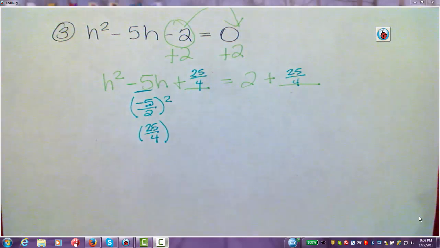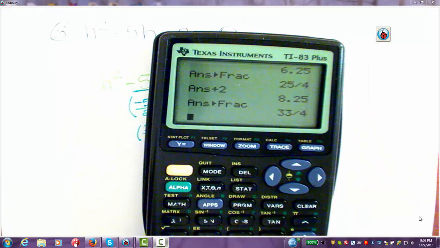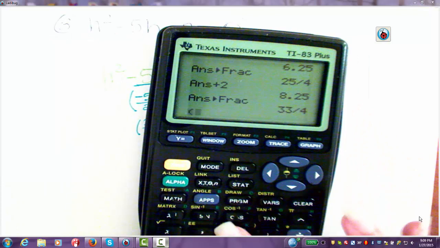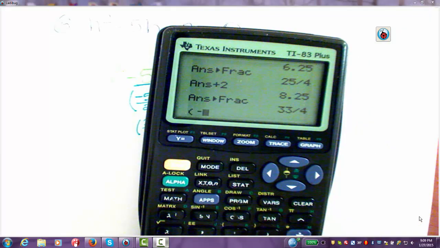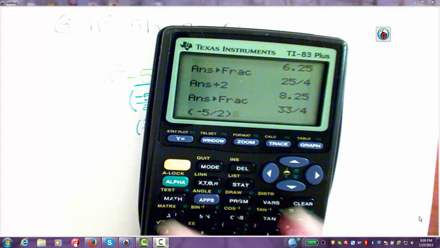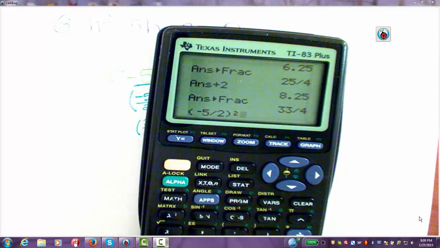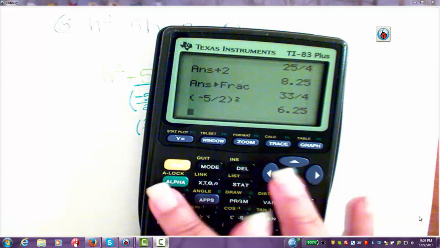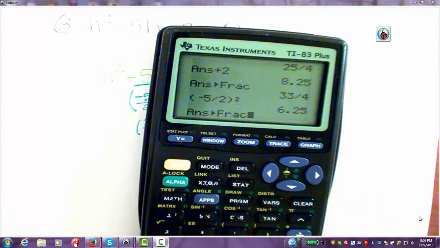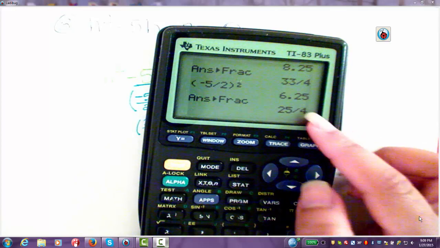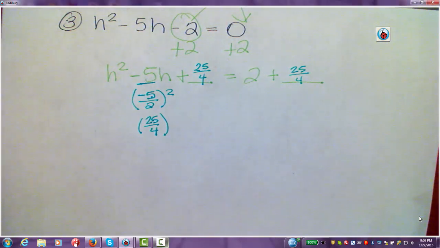And to check it in the calculator, negative 5 divided by 2 and square it, and we get 6.25, so we hit math 1 enter, 25 fourths. So my mental math was okay.